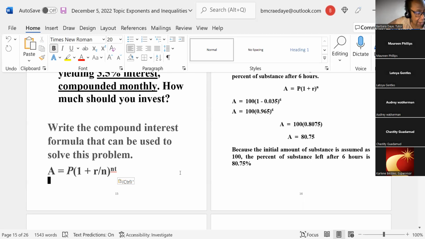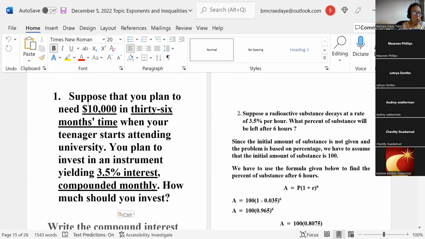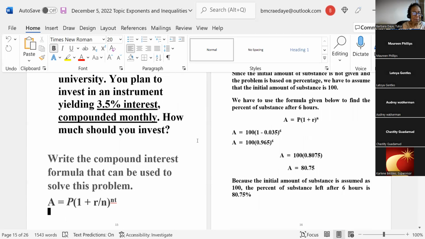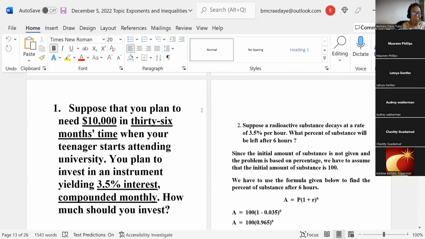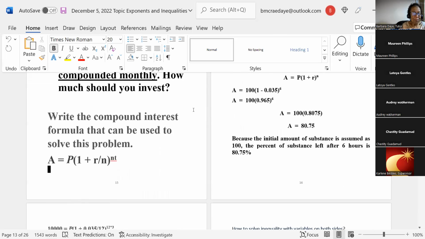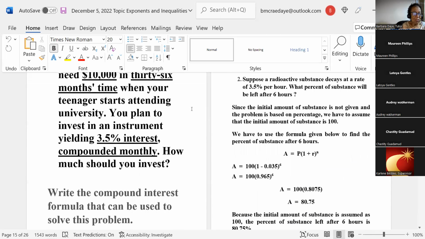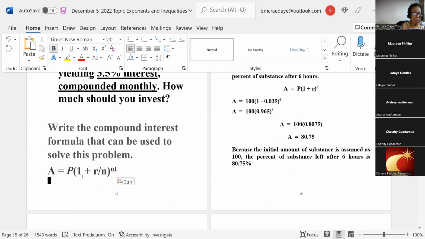Now remember, this is one where you want to make 10,000. So that means then what? That means your A would be your 10,000. So substitute in the formula. Here's the formula.